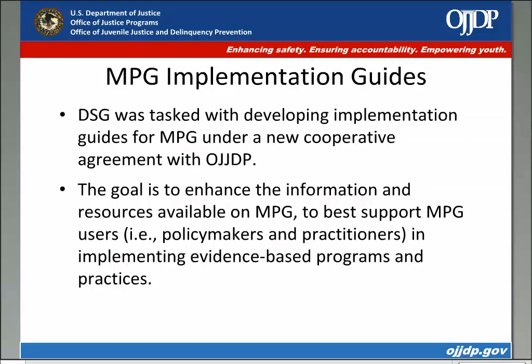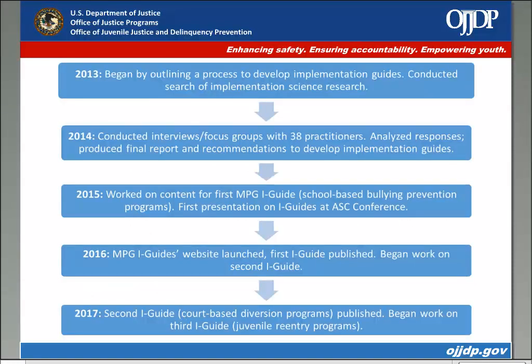The development of the MPG implementation guides began under a new cooperative agreement between DSG and OJJDP. As Jen mentioned, the overall goal of the implementation guides is to enhance the information and resources already available on MPG in order to better support MPG users who are interested in implementing evidence-based programs and practices. The process began for us in 2013 with the creation of the MPG Implementation Guides Development Plan.